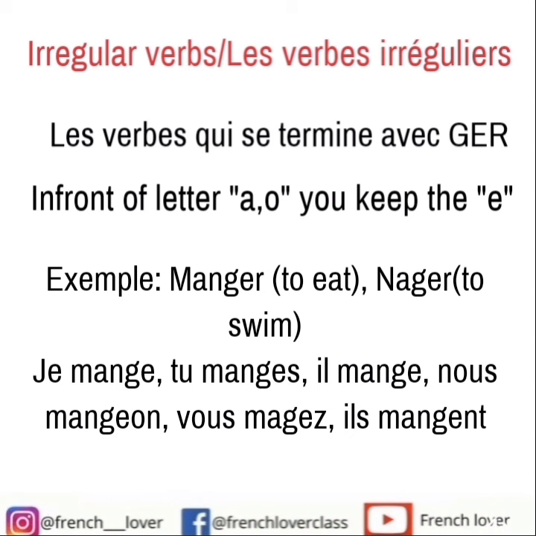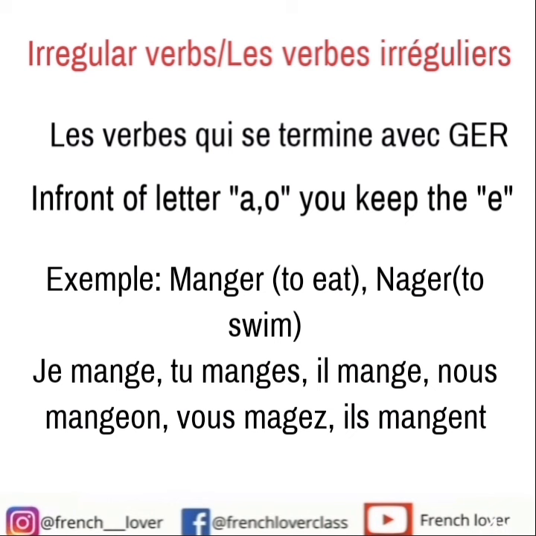Irregular verbs, les verbes irréguliers. So, verbs that end with GER, in front of the letter O and the letter A, you keep the letter E. Normally, the rule is when you're conjugating ER verbs in the present tense, you need to remove the ER before adding the E, ES, E, ONS, EZ, ENT.